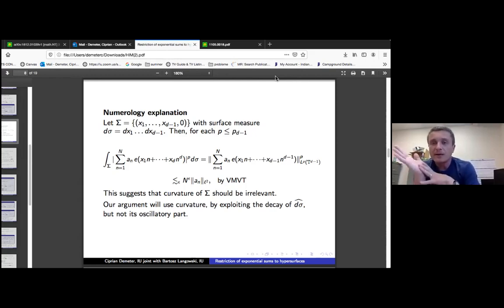Now, what is a flat hypersurface in T2? It's a line. Except that in that case, the estimate you want to prove boils down to the Cordoba-Cilleruelo conjecture about the number of lattice points on small arcs. So if that conjecture is true, then you can extend the Bourgain-Rudnick estimate in 2 dimensions to the non-curved case.